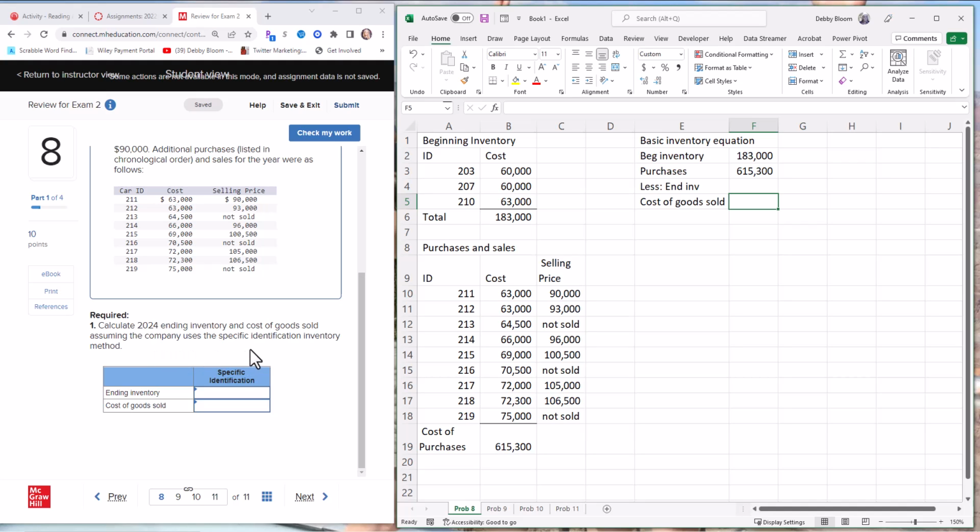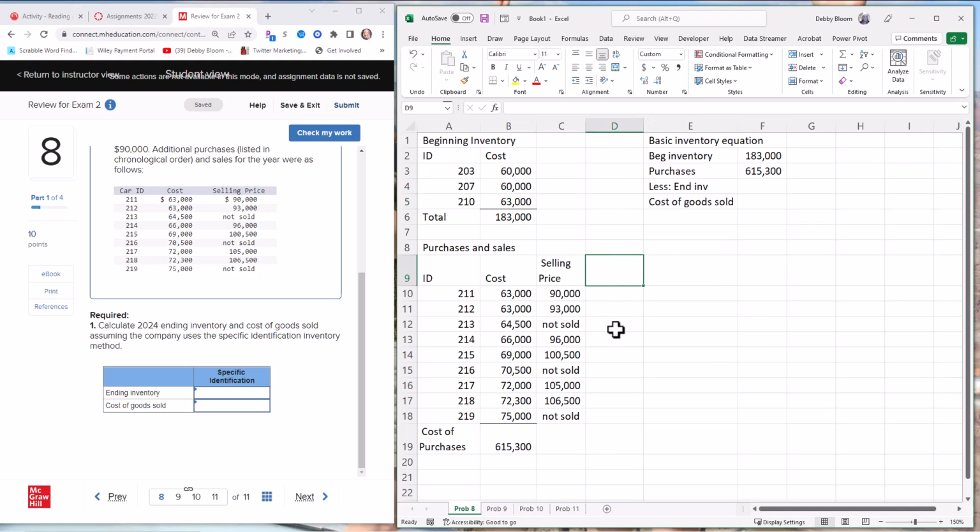So in problem 8, we're supposed to calculate the ending inventory and cost of goods sold, assuming the company uses the specific identification inventory method. If we use specific identification, our ending inventory is going to be the cost of all of those that are not sold. I can see that 213 is not sold, and its cost is $64,500.